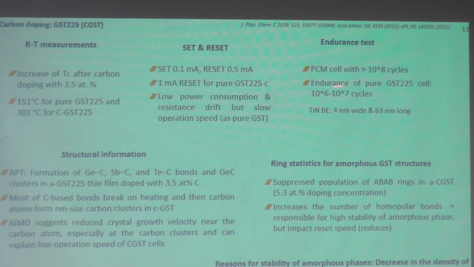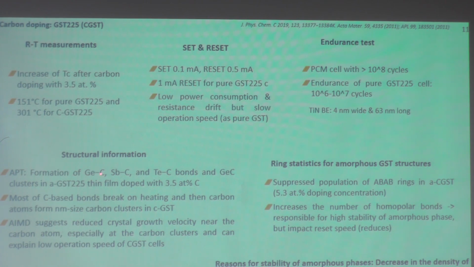For GST 225 it's between 10 to the 6 and 10 to the 7. And this is one of the main reasons why the industry introduced several dopant elements to the GST materials to increase this endurance.